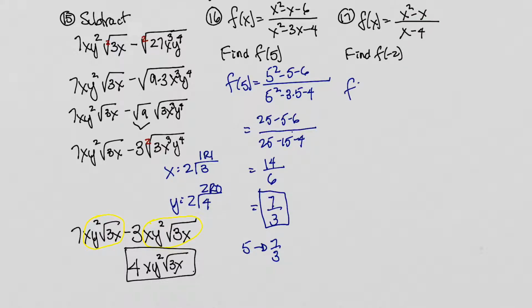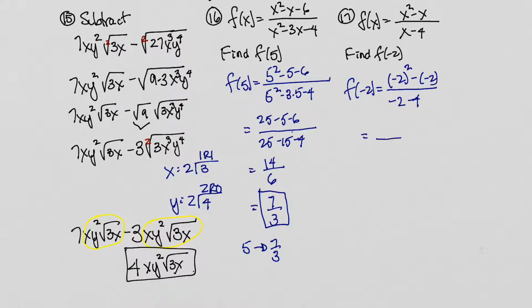That's going to give us f of -2 equals -2 squared minus -2. Be careful with all those negatives. I get -2 squared and then minus -2. Lots of negatives here. Over -2 minus 4.